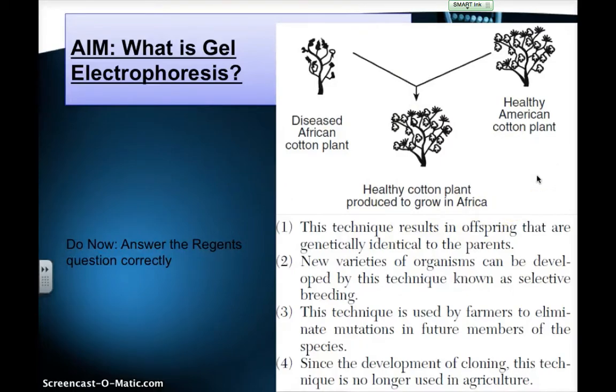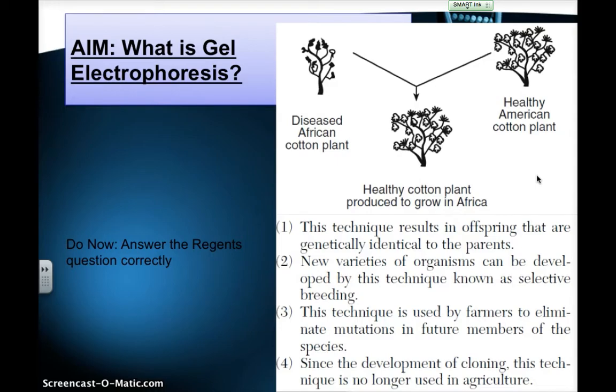Is this: 1, this technique results in offspring that are genetically identical to the parents; 2, new varieties of organisms that can be developed by this technique known as selective breeding; 3, this technique is used by farmers to eliminate mutations in future members of the species; or 4, since the development of cloning, this technique is no longer used in agriculture.